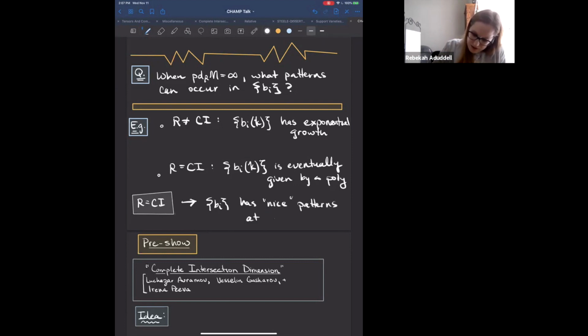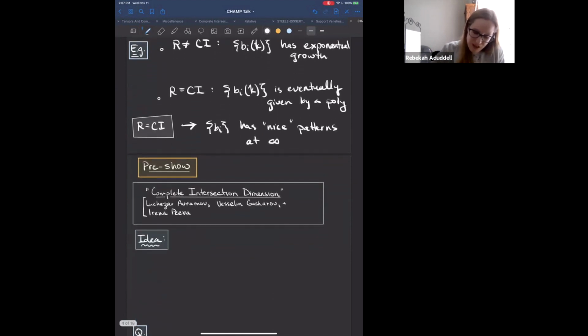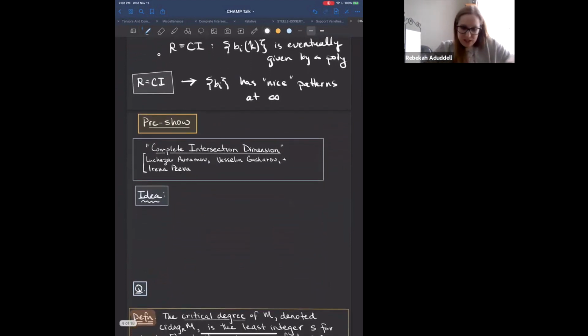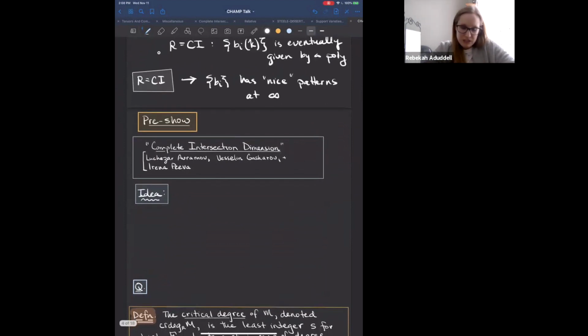To get into the groundwork for a lot of what I've done for my thesis, I've focused on a definition that was originally defined in the paper Complete Intersection Dimension, by Avramov, Gasharov, and Peeva.